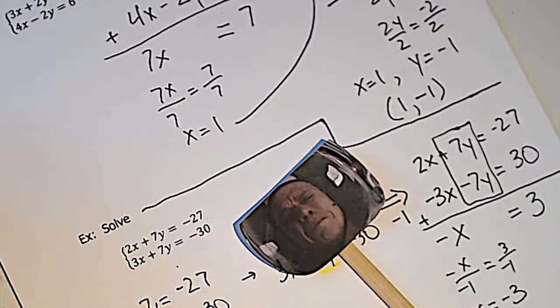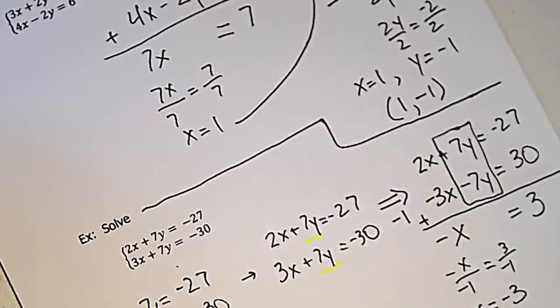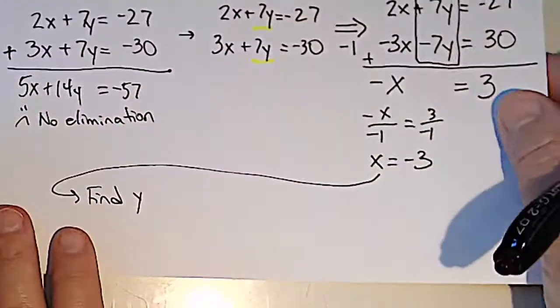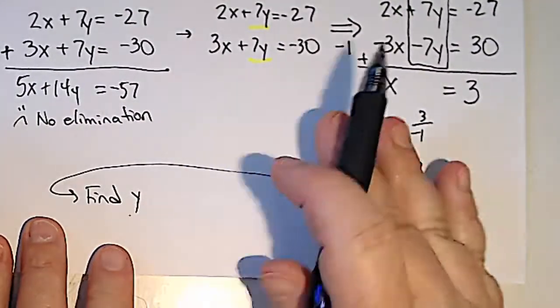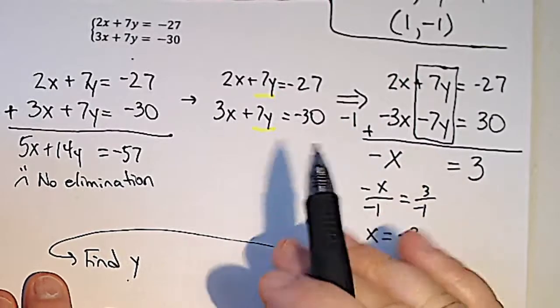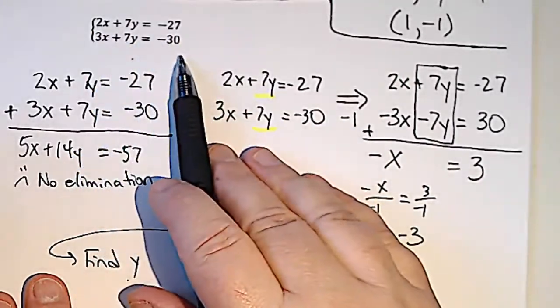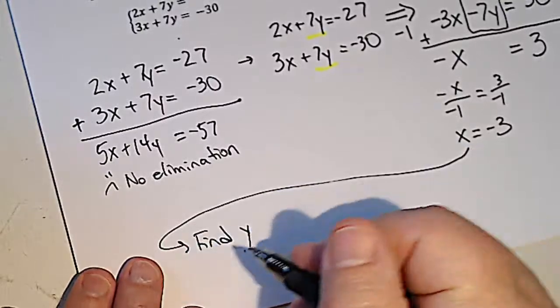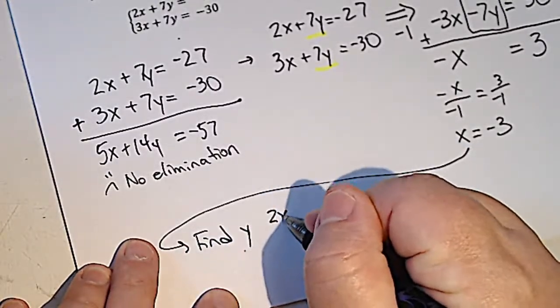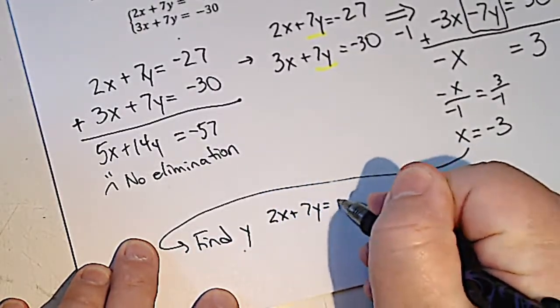So I need to find y. Again, as before, I pick one of the original equations, whichever one. I'm going to take the first one because it's the first one. So 2x plus 7y equals -27.